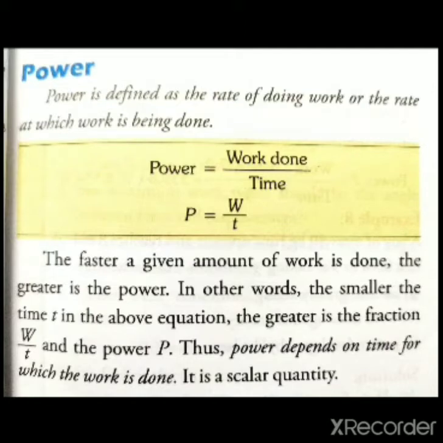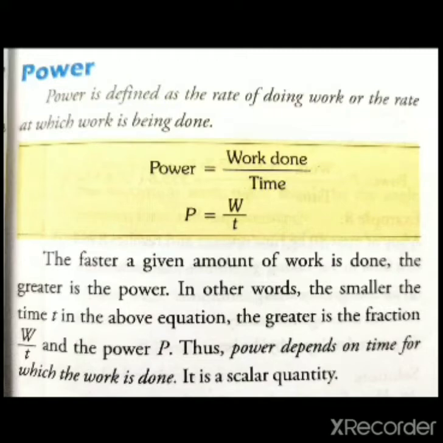If we perform a work in less time, then the power is more. In other words, the smaller the time t in the above equation, the greater is the fraction W by t, and the power P also. Thus, power depends on the time for which the work is done. It is a scalar quantity.